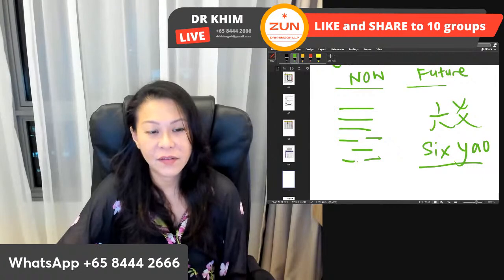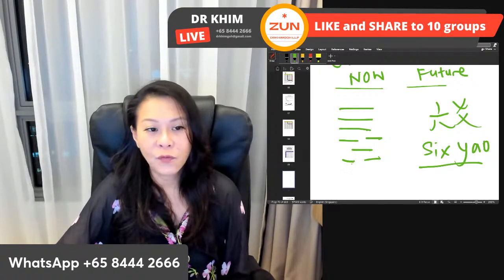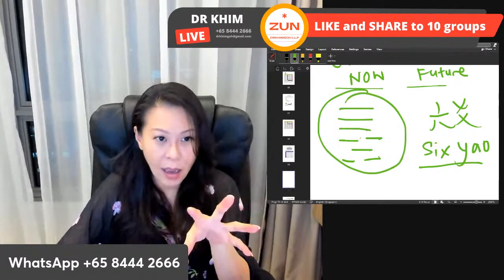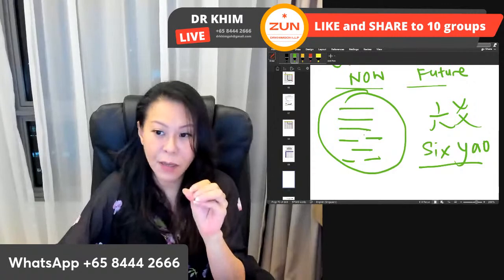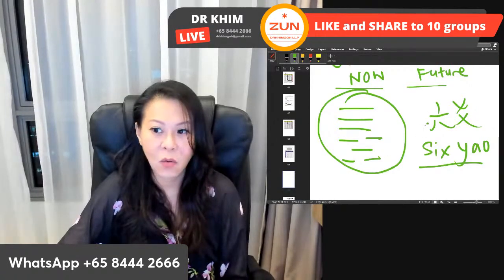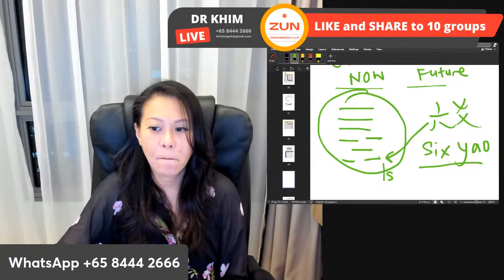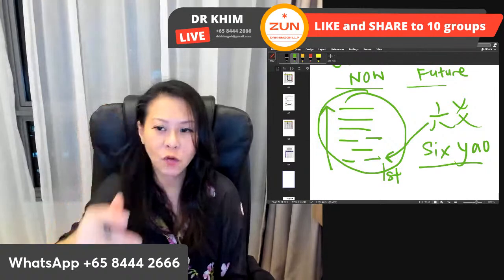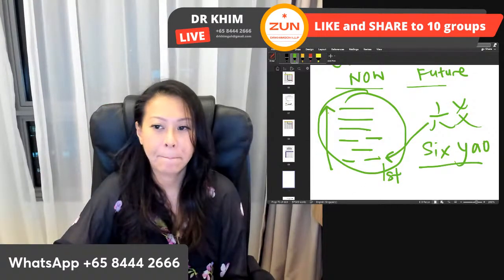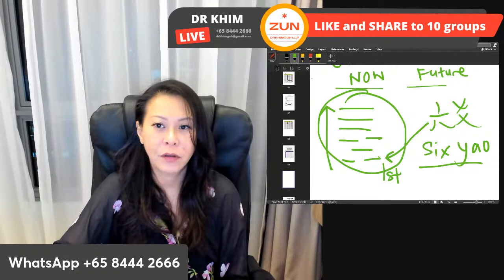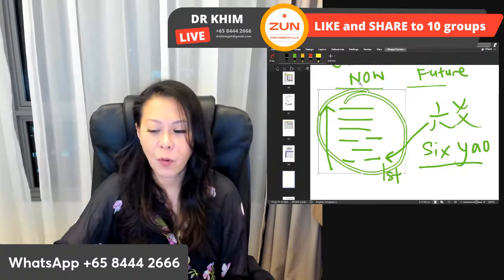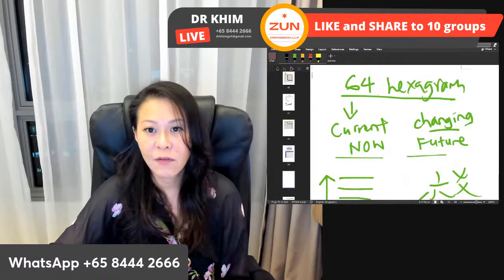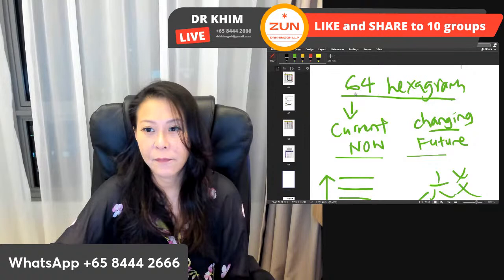After you read the main hexagram, you must read the six yao. This is called the first yao. Bottoms up. Throw the coin, also bottoms up. This one is very important. If wrong, you plotted wrong already. You understand? If you never follow this, that means the plot is wrong.